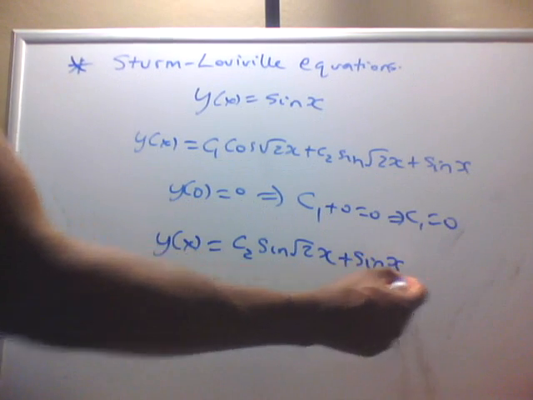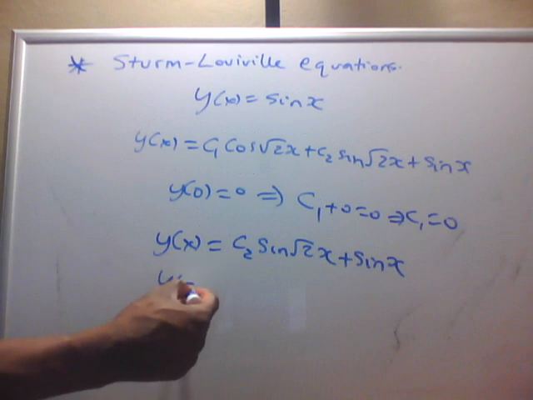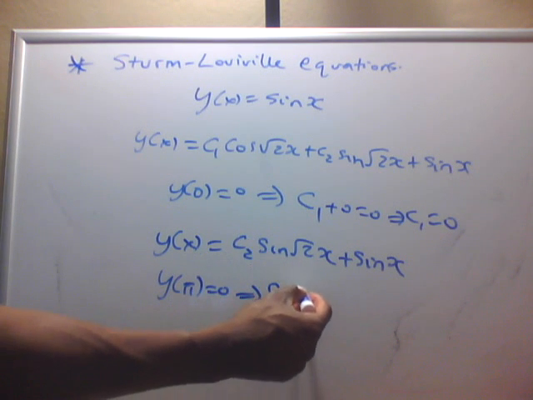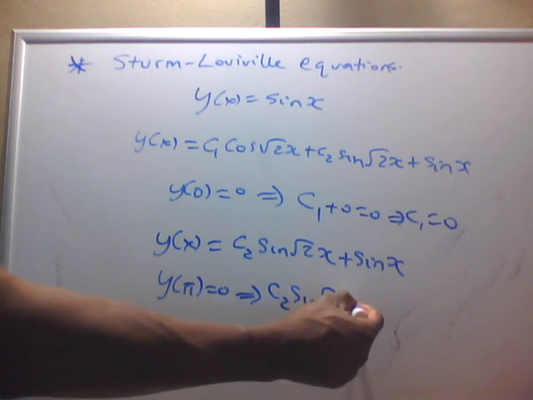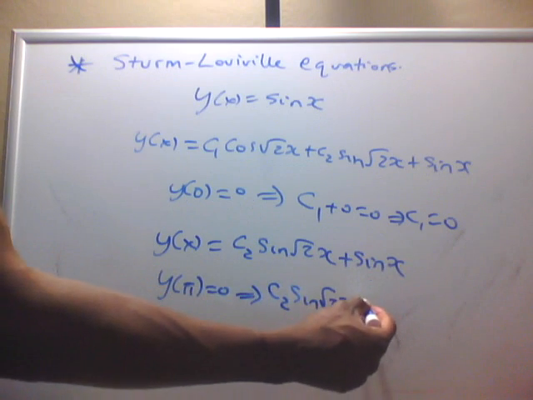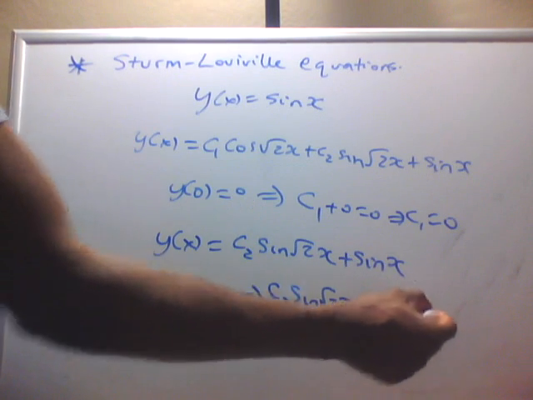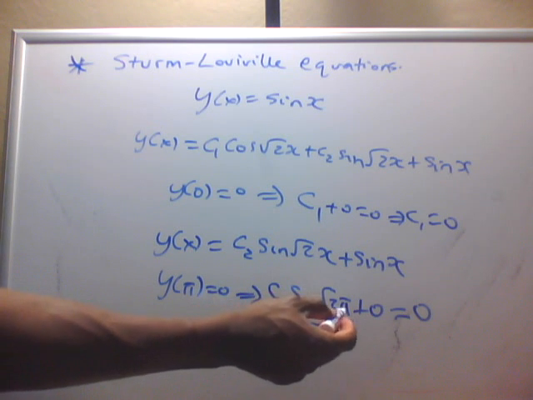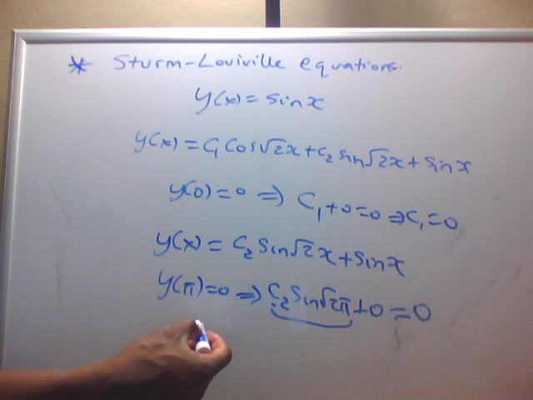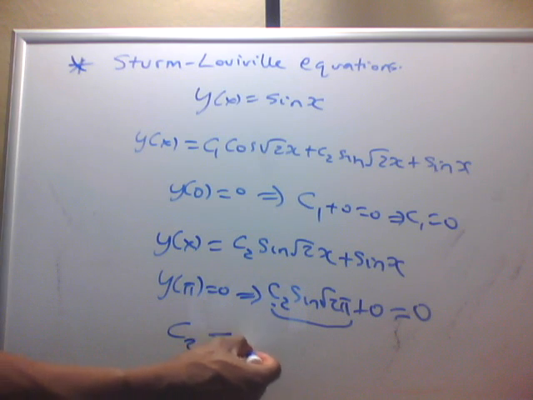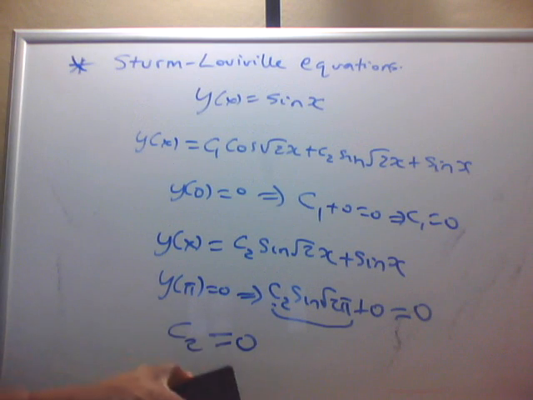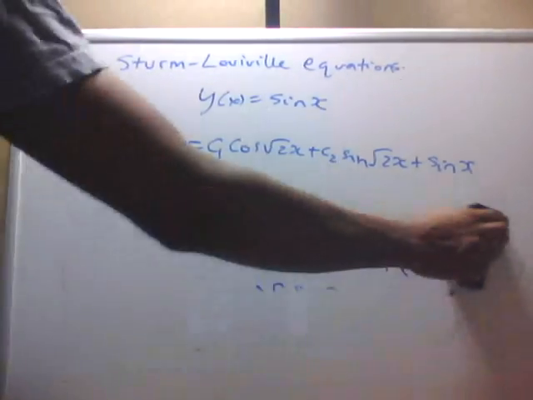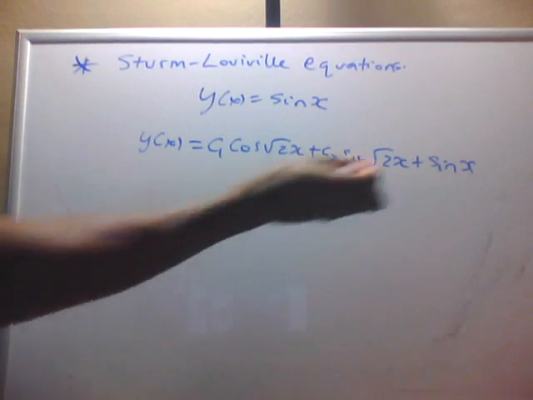You see where this is going already? Apply y(π) = 0. I get c2 sine(√2 π) plus sine π, which is 0, equals 0. And clearly, the sine part can never go to 0, so c2 has to equal 0. And if that's the case, that c2 is 0 and c1 is 0, all I'm left with is sine x.